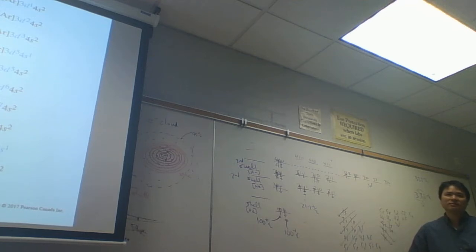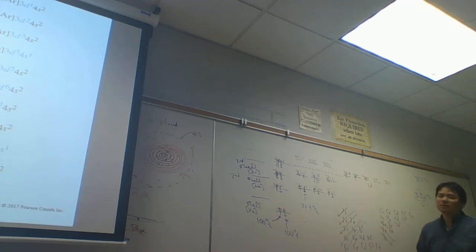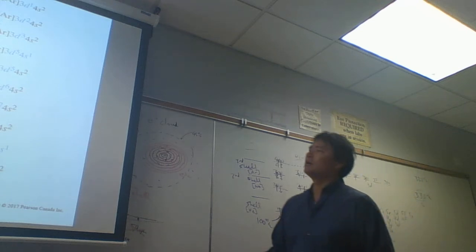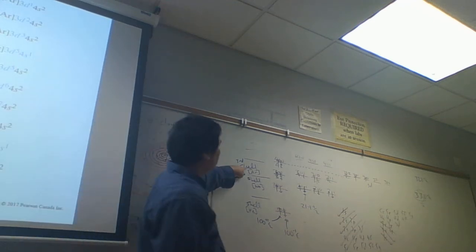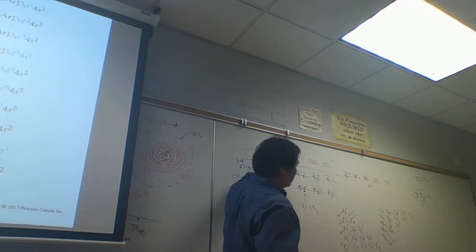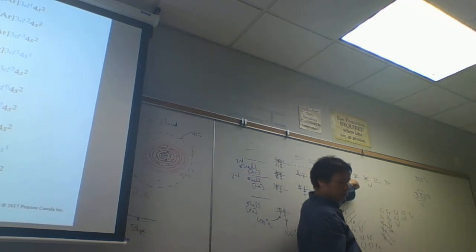Scandium, titanium, and then vanadium, and then, well, that's what we got here. Let's stop here and let's take a look. Vanadium, we have argon, 4s2, 3d3. So we got argon, 4s2, 2 electrons, and 3d3. You see that?